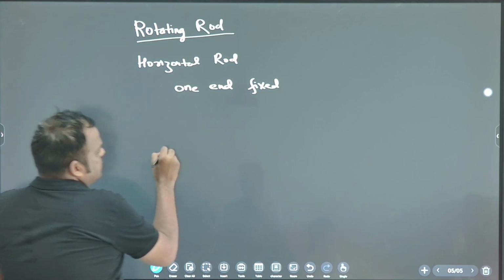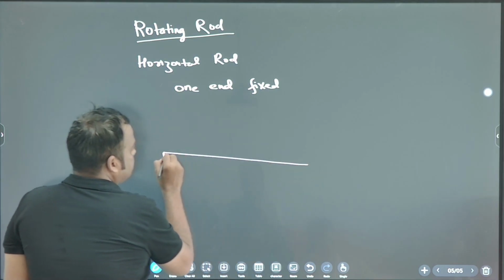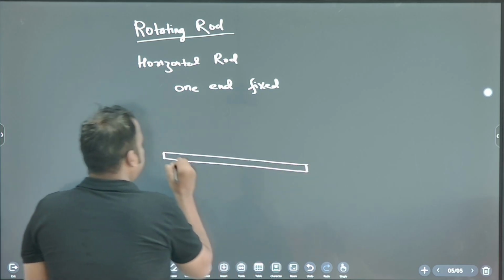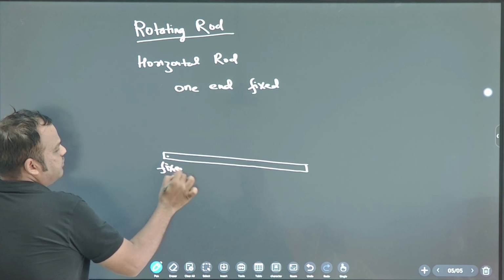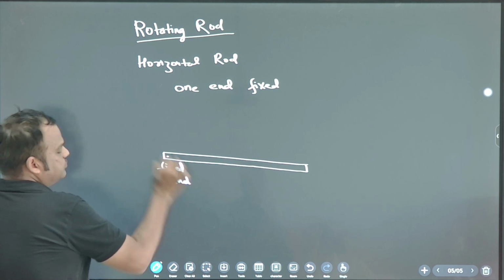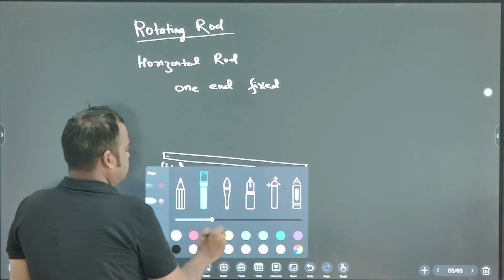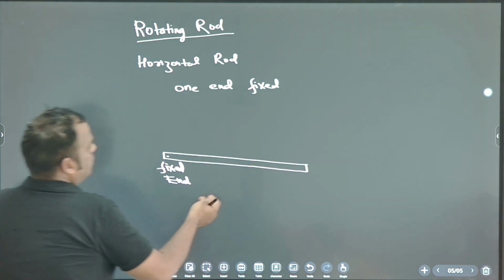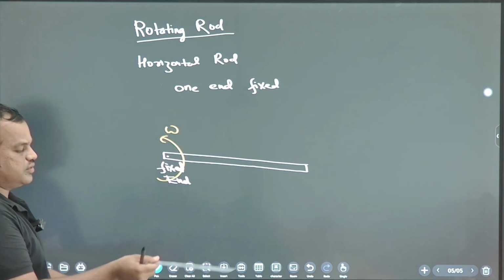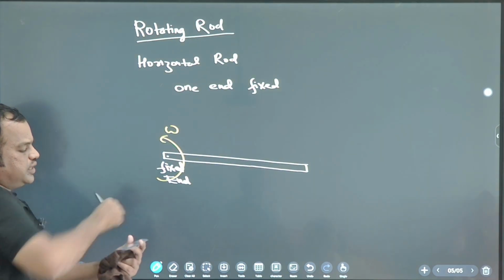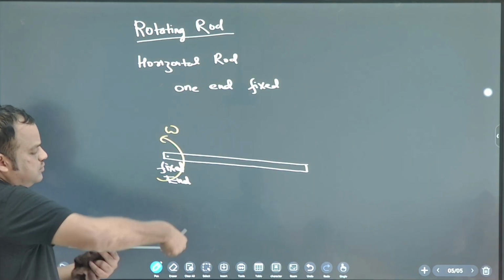So one end is fixed. This is the fixed end. Now it is rotating like this, with angular speed omega.